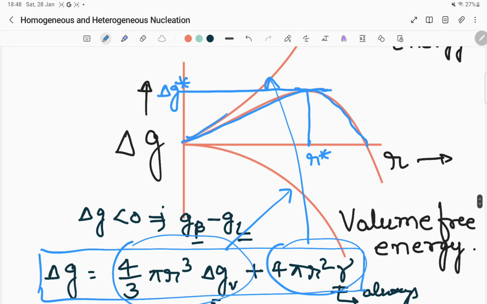This is the interfacial energy curve and this is the volume free energy curve, and the addition of these curves will give this middle curve, which is linearly going to the value of R star and then decreasing.